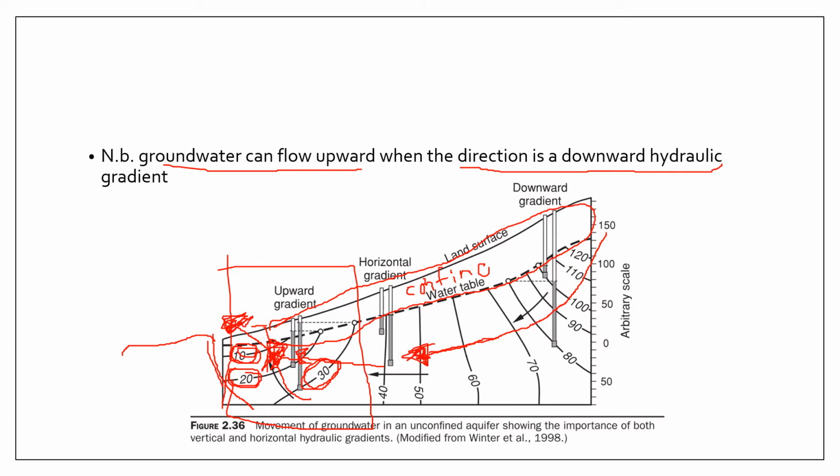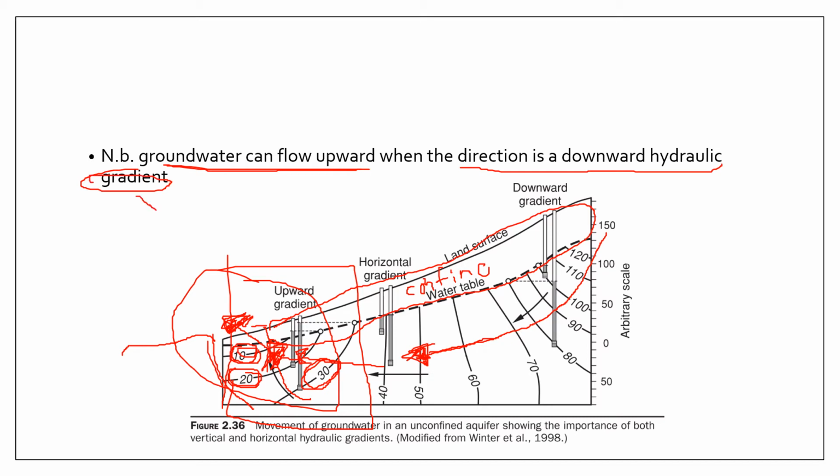At this point, it has enough pressure to move upward and exit either as a spring or as water that is contributing to stream flow. So definitely groundwater can flow upward as long as the hydraulic gradient allows it.